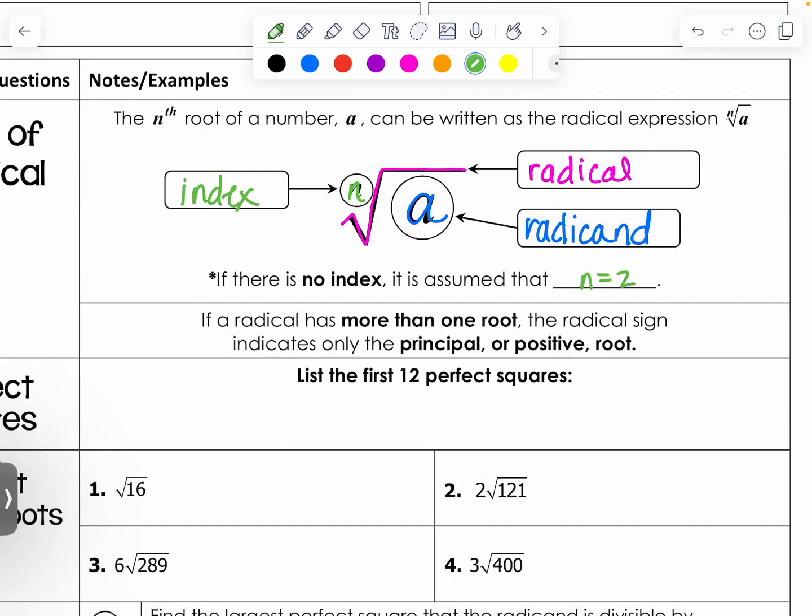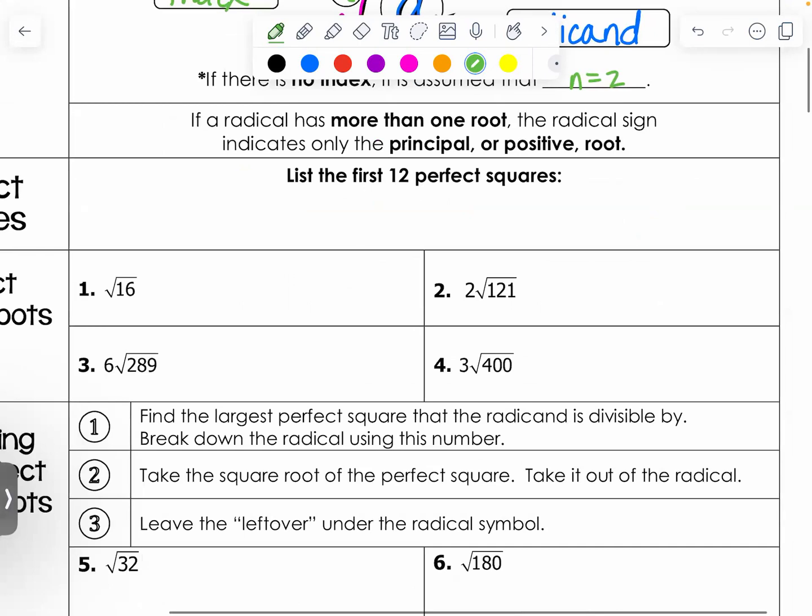Okay, now I want you to know the first 15 perfect squares. Okay, 1 squared is 1. 2 squared is, write them down, 3 squared. 4 squared. 16. Then 25.